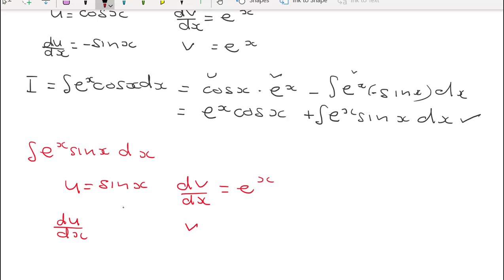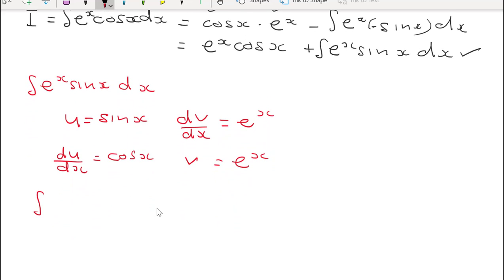So if we had let u be equal to e raised to the x up the top, down here u must also be equal to e raised to the x, and so forth. Now du by dx is equal to cos x, and v is equal to e raised to the x.